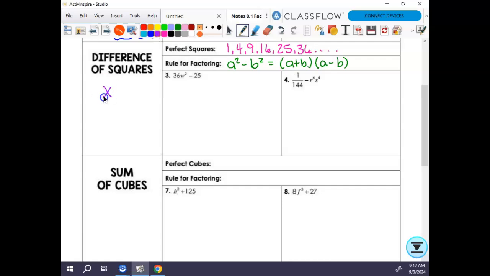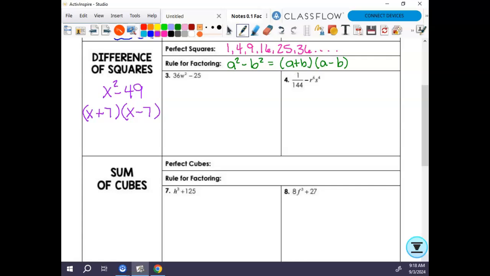If I just have x squared minus 49, I'm subtracting. x squared is a perfect square, 49 is a perfect square. So I know that's going to give me an x plus 7, an x minus 7, and it's that easy. Okay, make sense? So it's a super simple one, but if you don't identify it as that, then you can't figure out what the heck you're supposed to be doing.